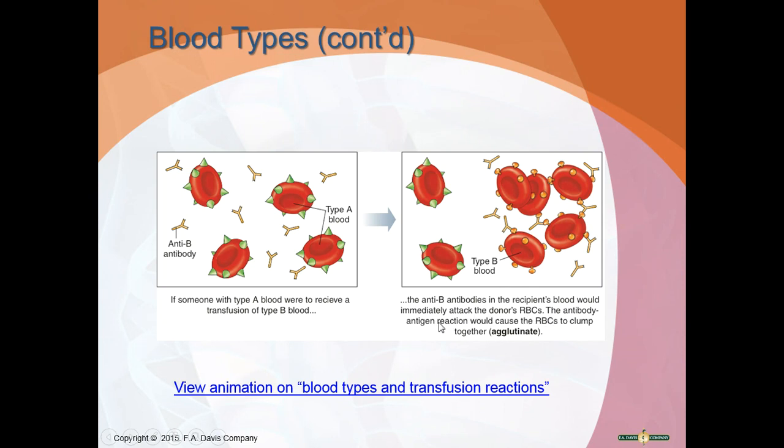The antibody-antigen reaction would cause the red blood cells to clump together, and agglutinate means to clump together. So please look at the blood types and transfusion reactions animation. This will show you exactly how this process works and the importance of it.